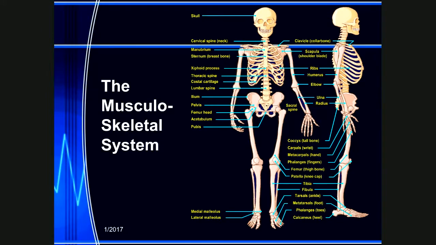I know this is kind of hard to see the bones of the body, but the ones that you really need to be concerned with are the skull, the spine, the cervical spine, the humerus, which is the large upper bone of the arm, the radius and ulna bones, which are the two bones of the lower arm.